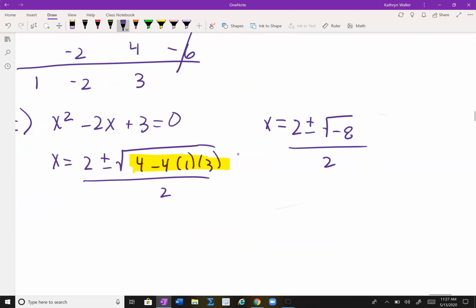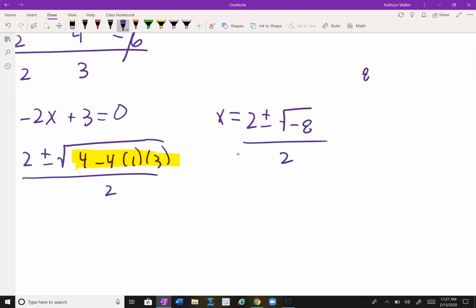All over 2. Now 8 breaks down into 2 times 4 and 2 times 2. So these two 2's come out, and the negative comes out as an i. So I have x equals 2 plus or minus 2i square root of 2 all over 2. It's a square root of 2 because you have that 2 left over.